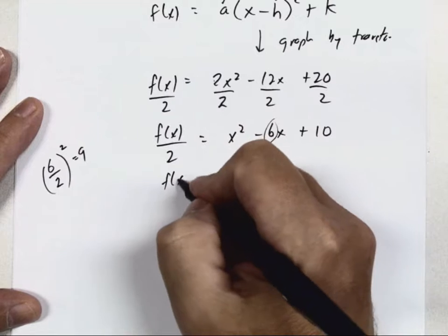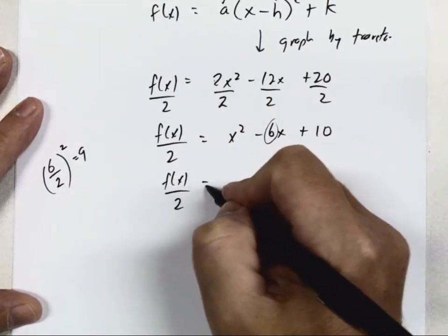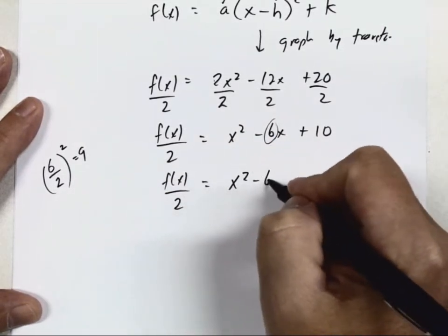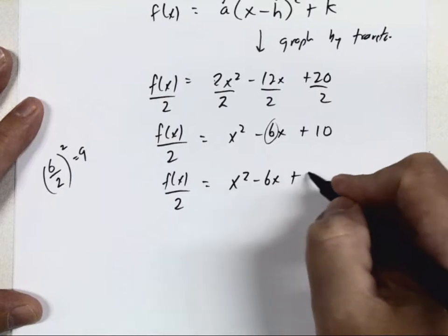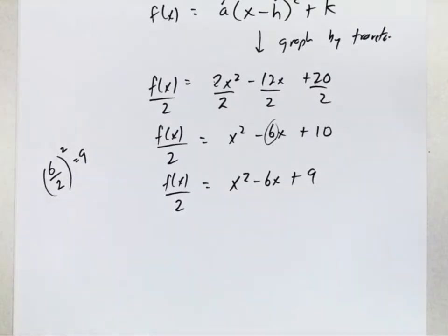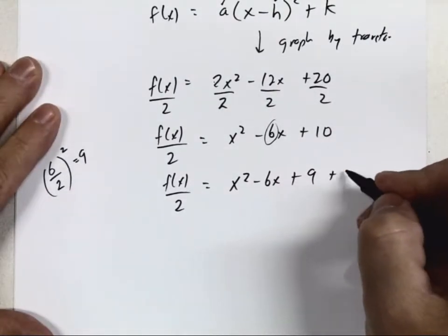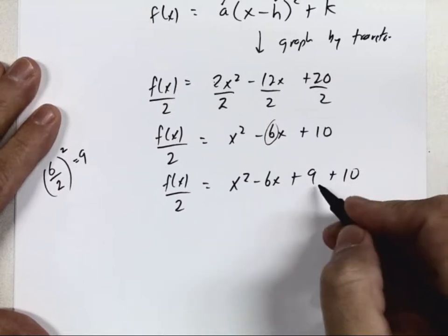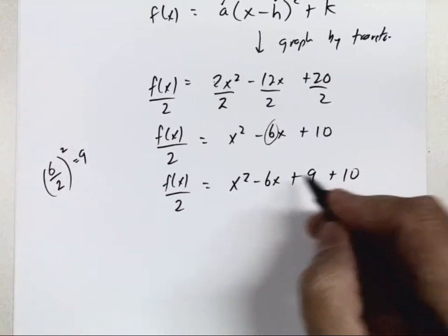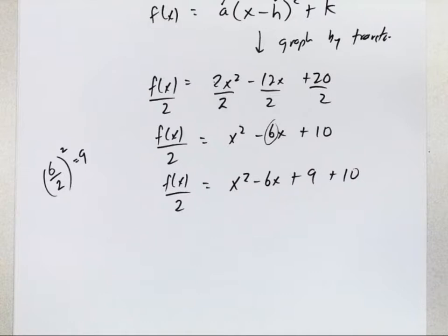And let me rewrite this. Now I'm going to take that 9 and I'm going to stick it in right here, plus 9. Here's my plus 10. Now, I've added 9 to this equation.